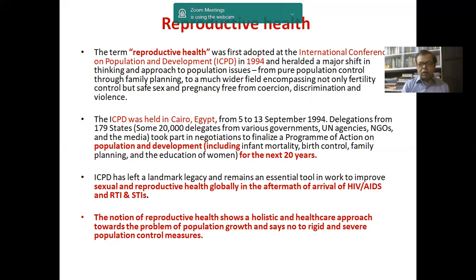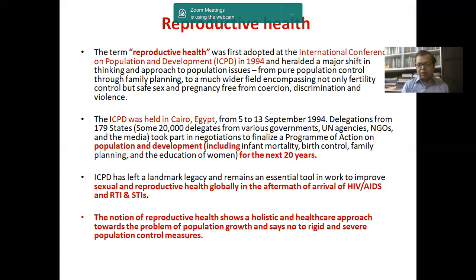Basically, when we talk about the 90s, we cannot forget the 80s. During the late 80s and early 90s, the world was witnessing the spread of a serious and severe problem known as HIV, AIDS. HIV, that is human immunodeficiency virus, and AIDS, that is acquired immunodeficiency syndrome.